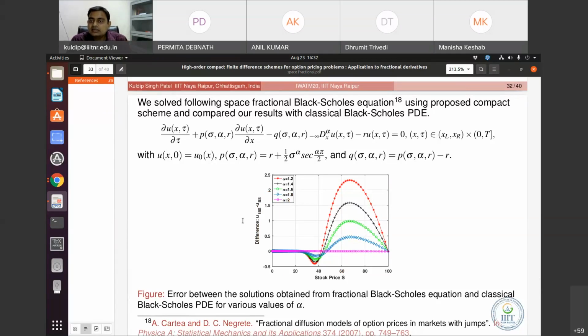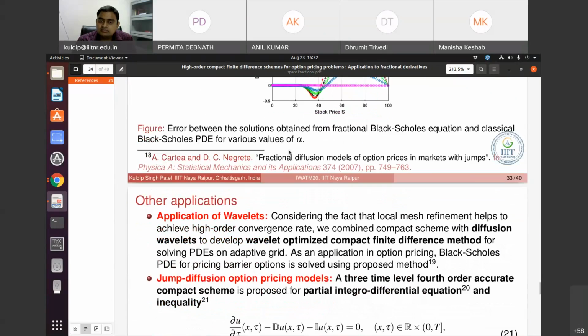That tells us that as alpha tends to 2, because it is the second order derivative in the classical Black-Scholes model, and here we replace it by the fractional one, this difference is going to be 0. That means this space fractional Black-Scholes equation converges to the classical Black-Scholes equation, right?